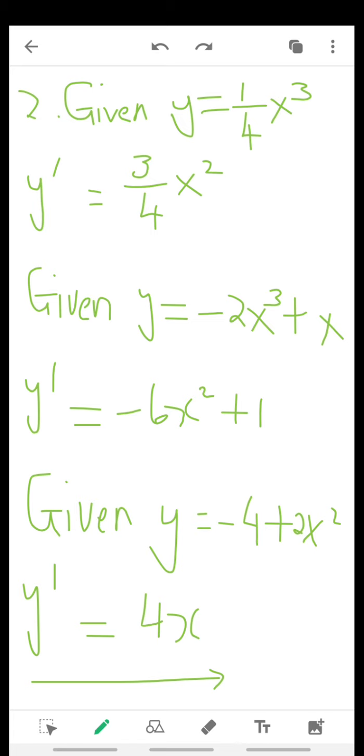We usually don't show it, but there is a 1. So when I drop the 1 to multiply with the 1 in front, I get a 1, and then subtract a 1 on the exponent, so it will be 1 minus 1, which is 0. Then x to the power of 0 is 1, so it's like 1 times 1, and the answer is 1. Okay, very, very important.